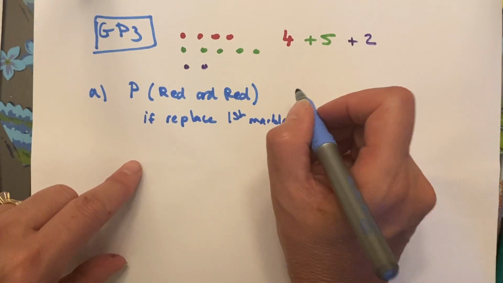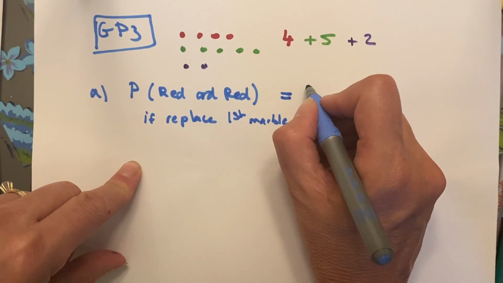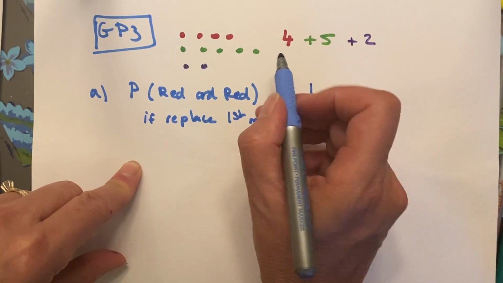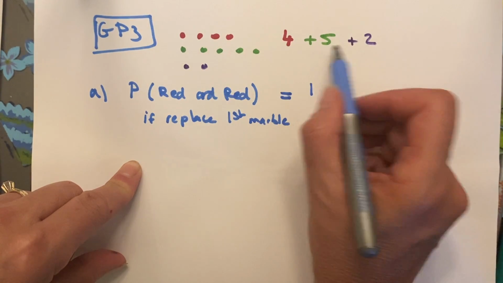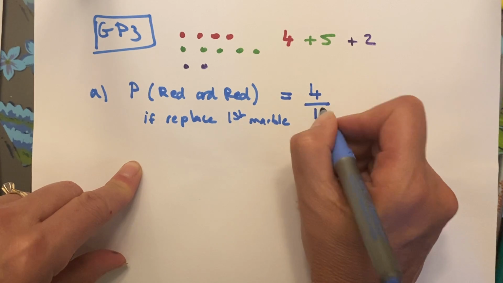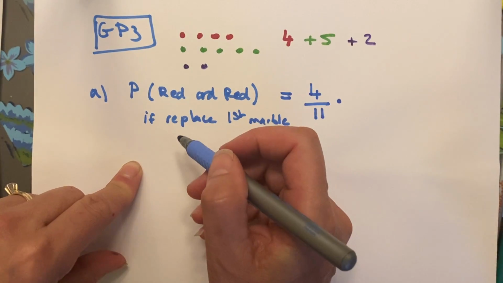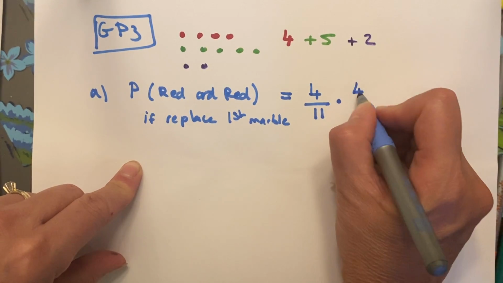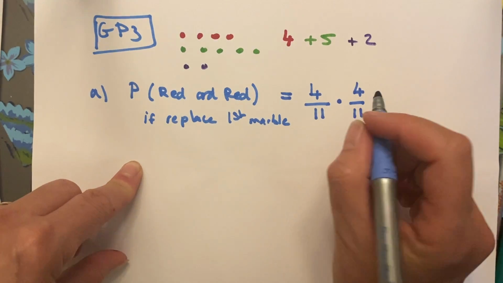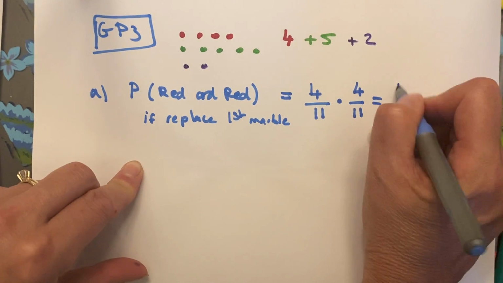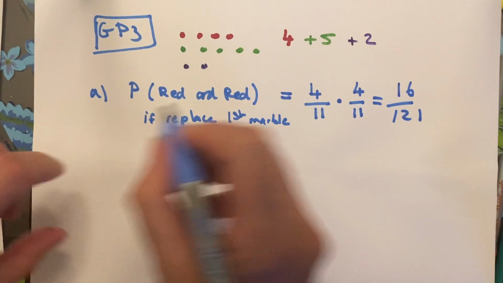I'm replacing it. So probability of red the first time is going to be, I have 4 reds out of 11. And I'm replacing that red. So the second time, I also have a probability of 4 out of 11. So I have 16 out of 121.